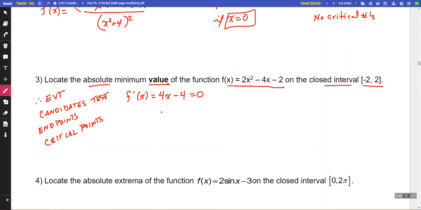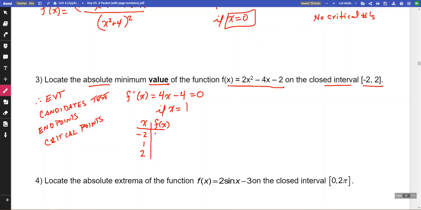We know that that's equal to 0 if x is equal to 1, right? Which means that for our candidates test, we can come over here and say, hey, we have x, we've got f of x, and we're going to consider negative 2, we're going to consider 1, and we're going to consider 2. All right, so f of negative 2.